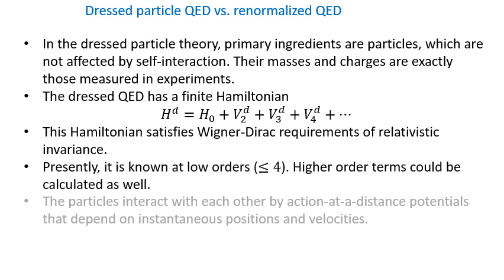So far, interaction operators have been calculated up to the fourth order, but these derivations can be extended to higher orders without difficulties. These interactions have the form of potentials that depend on positions and velocities of the particles.